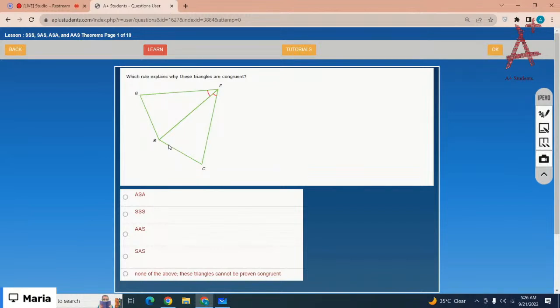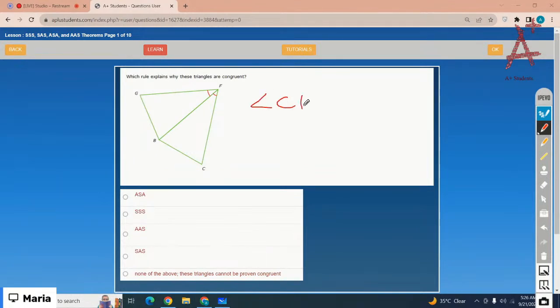CFB. Hold on, let me just write. Angle CFB, this one angle, right, is congruent to this one angle FBC, right? And this side FB is congruent to FB because that is common between both of them, right?